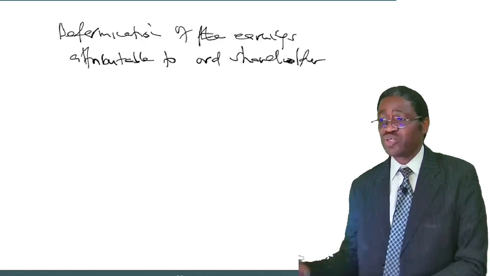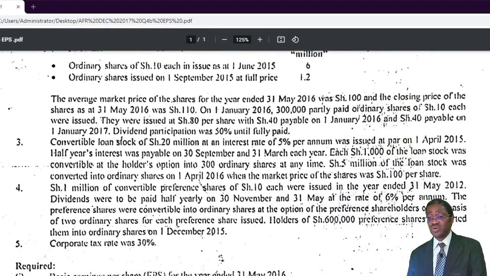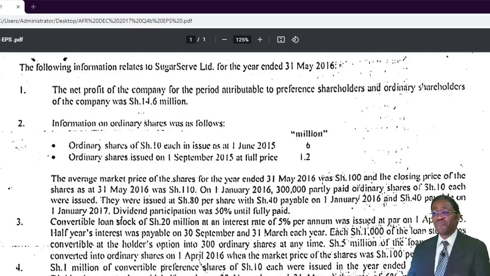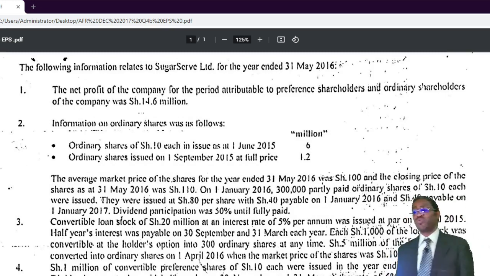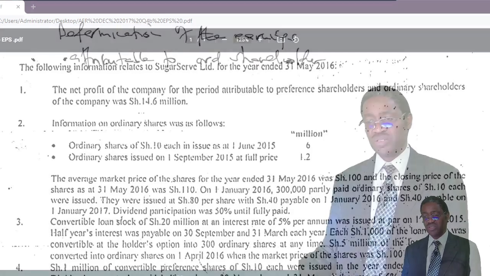Somewhere you remember we were told by note number 1, if I may take you back. Let's go and see that note number 1. They say the net profit of the company attributable to the preference and ordinary was 14.6 million. Good.